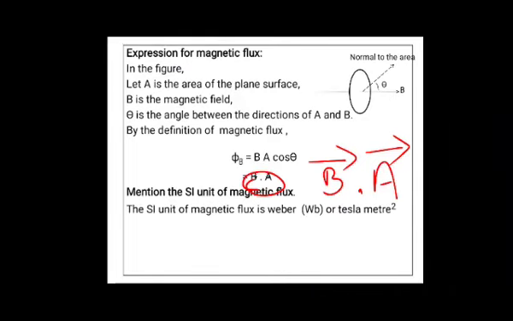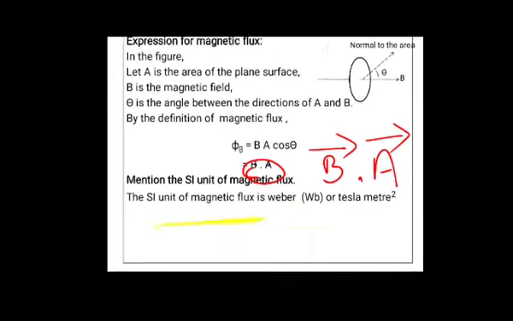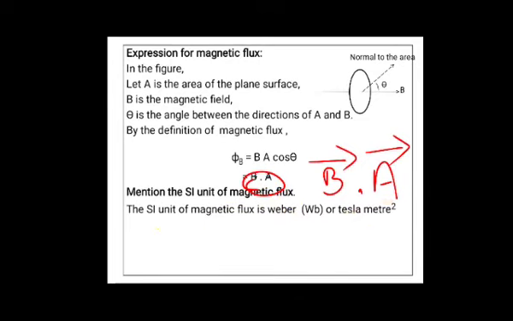So the SI unit of this magnetic flux is Weber, W-E-B-E-R. You can write it as capital W, small b. So the SI unit of magnetic flux is Weber, or you can write it as Tesla meter square. Tesla is the unit of magnetic field.